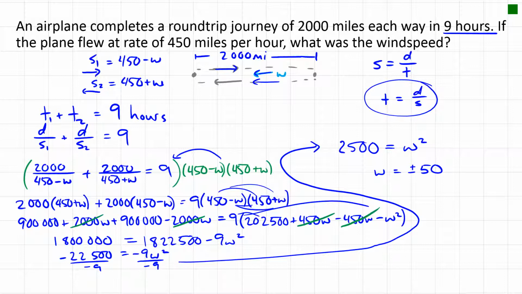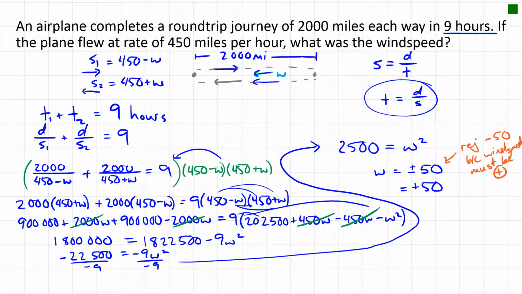And I'm going to reject the negative solution because the wind speed can't be negative. I'll say wind speed must be positive.